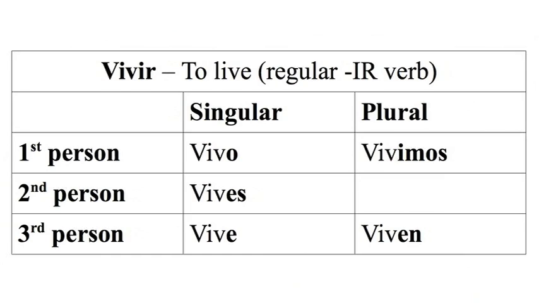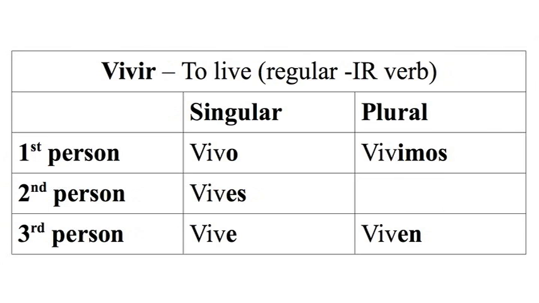Now, for the nosotros and vosotros forms, you'll have the endings that you probably thought an IR verb would have in the first place. What kind of endings do you think an IR verb would have? With I's, right? So, instead of an E in emos and an E in éis, let's just change them to I's. Nosotros vivimos.